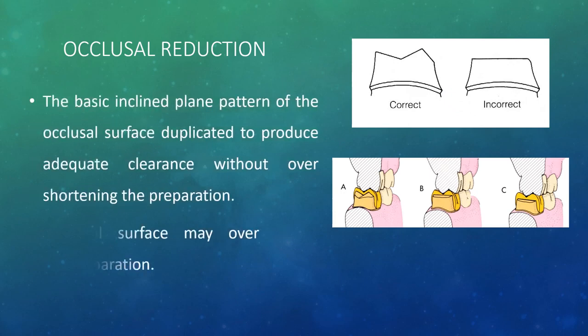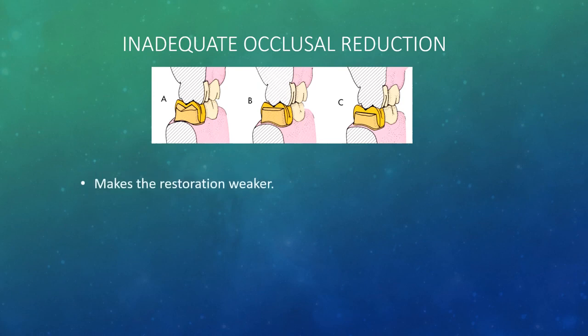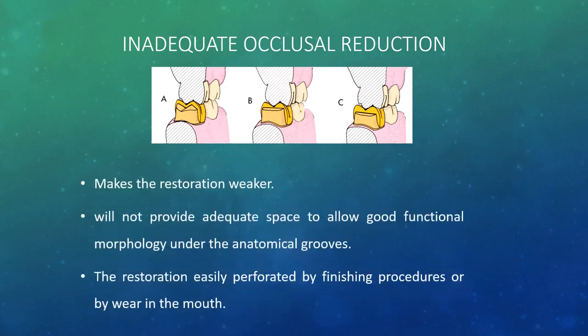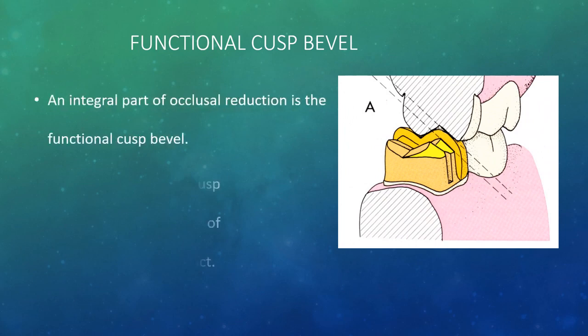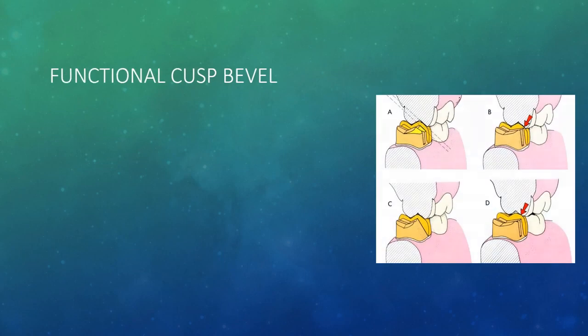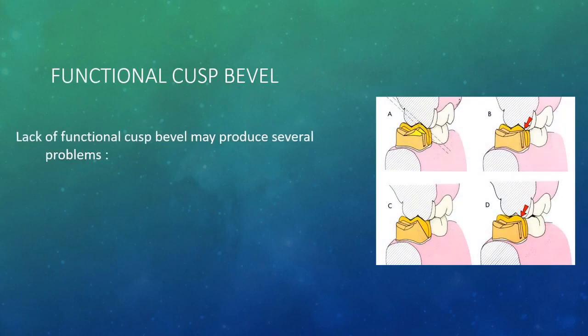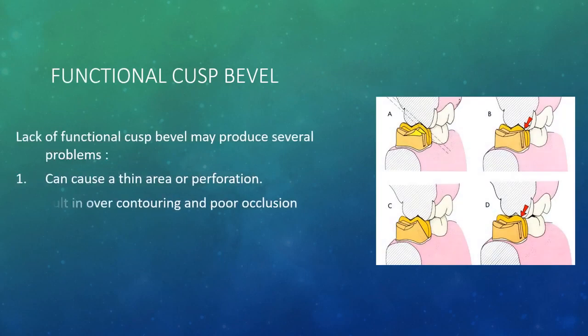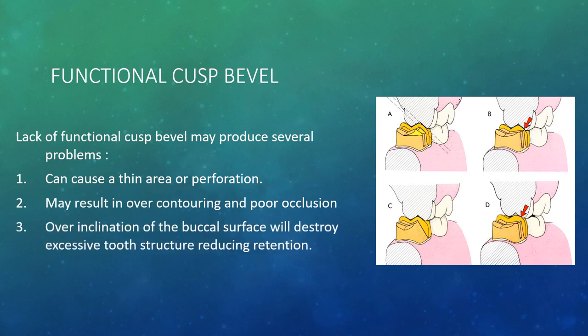Okay, so we have seen occlusal reduction. Inadequate occlusal reduction also seen. So functional cusp bevel, if there's a lack, what happens? Lack of functional cusp bevel may produce several problems.